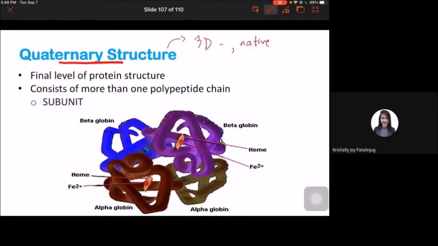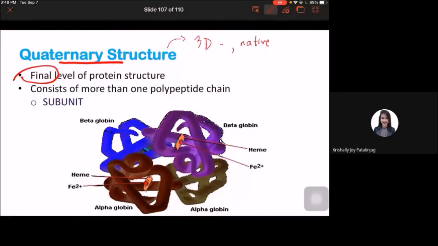Highest level na po yung quaternary structure ng isang protein. Final na, bali, final level. So, sobrang functional na yan ng protein. Okay? Now, ang question ngayon, ano yung pinagkaiba nila ngayon ng tertiary structure?